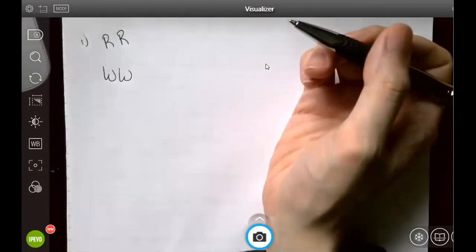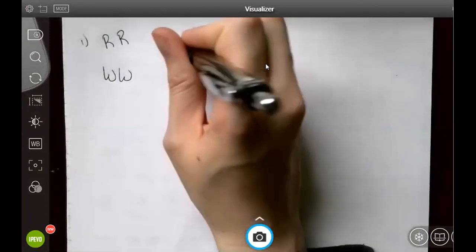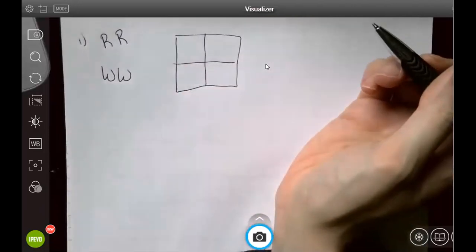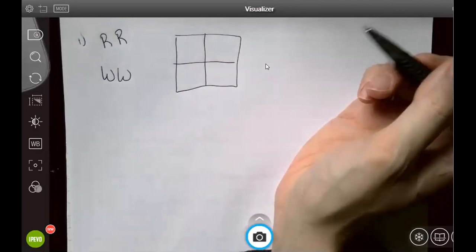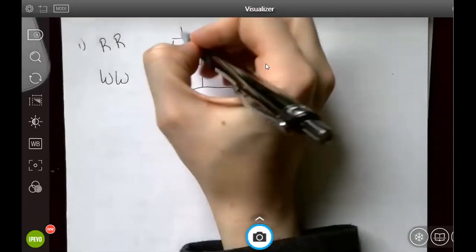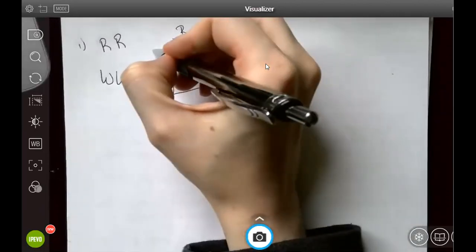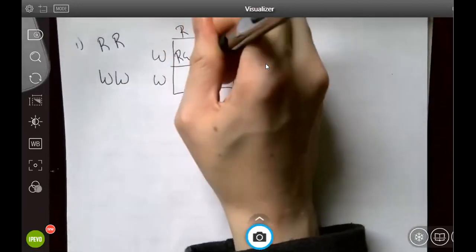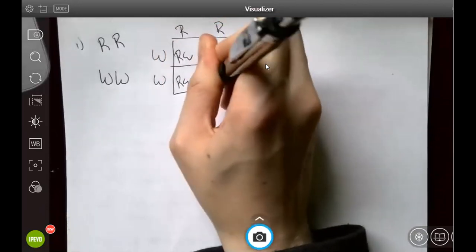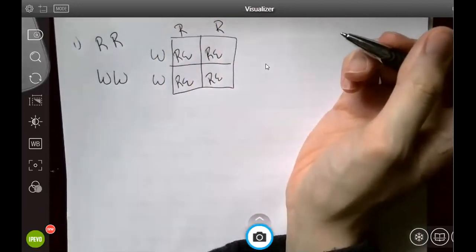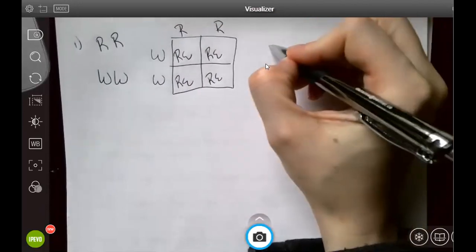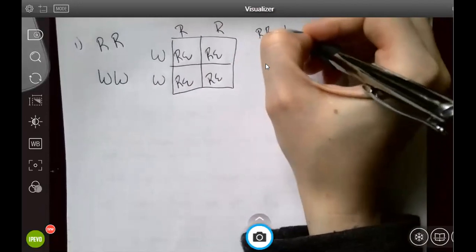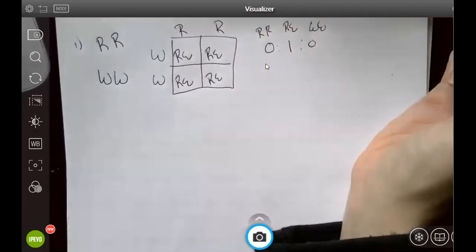And so if we are going to do a Punnett square of this, it is just going to be a little 2x2 because we're only looking at one trait, which is the color of the snapdragon. We'll put big R across the top, big W across the side, and fill it in. And so the genotype ratio would be 0, 1, 0 for RR, RW, and WW.